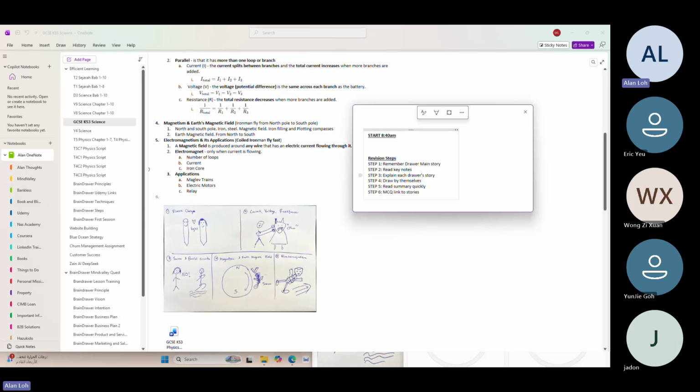the next step. Explain each drawer story. So we have already gone through step 1, 2, and 3, right? By now, especially Eric, because you started from the first second when we started the class, I think that you should be able to refresh on what you have learned last week. Maybe not 100%, but a large part of it.